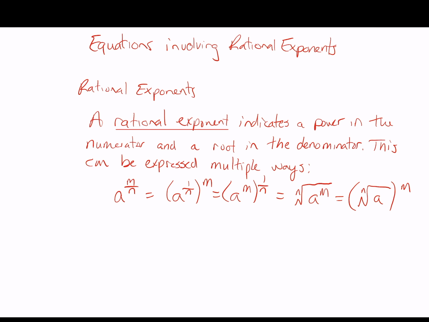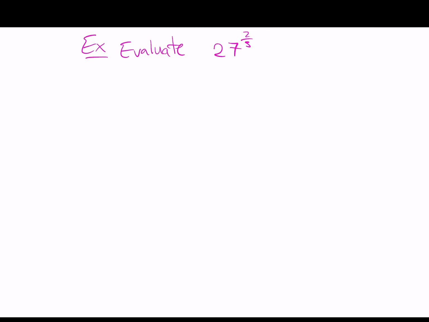Let's do an example using a real number raised to a rational exponent. In this example, we want to evaluate 27 to the 2/3 power. So how do we want to rewrite this? Well, I think it will be a lot easier if we take the cube root of 27 first.